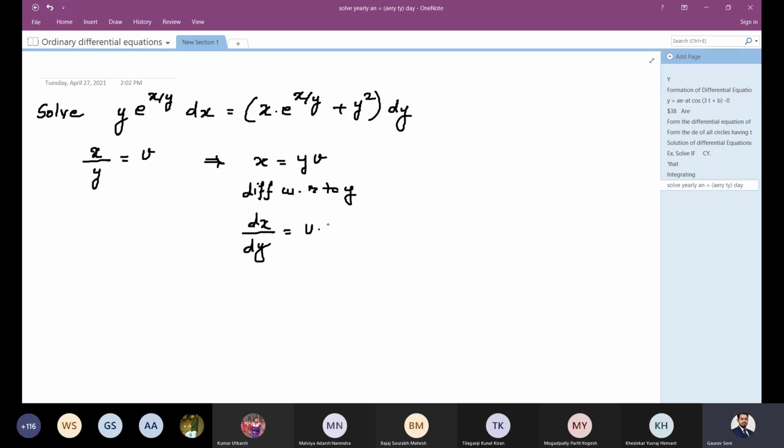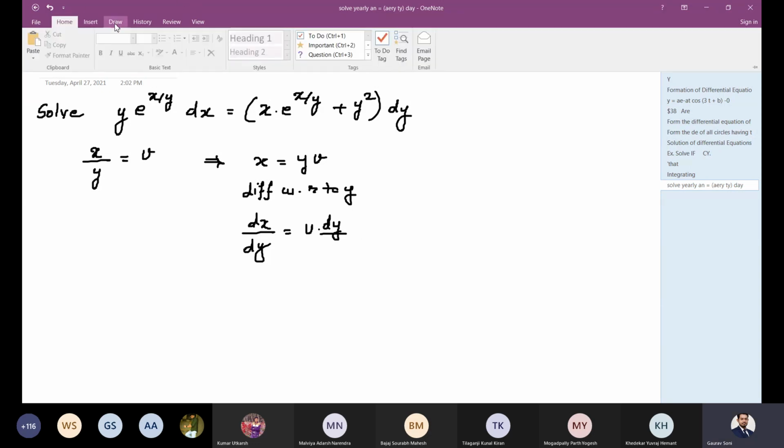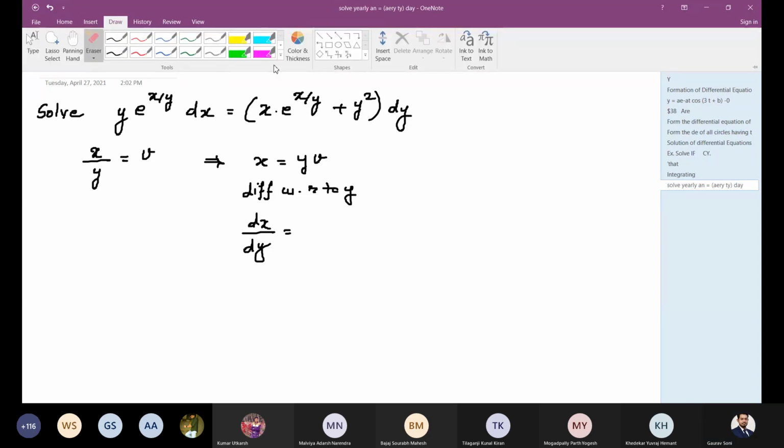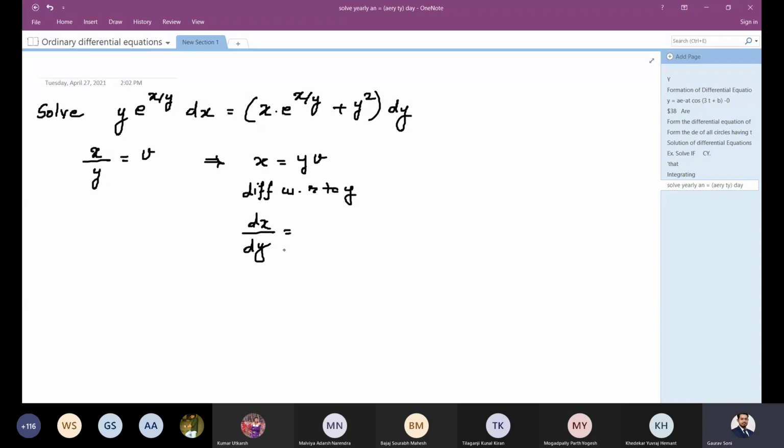So u into derivative of y with respect to y, which is 1, so u plus y as it is, derivative of u. So I have to replace dx by dy. Okay. So I will make the changes in my differential equation accordingly.